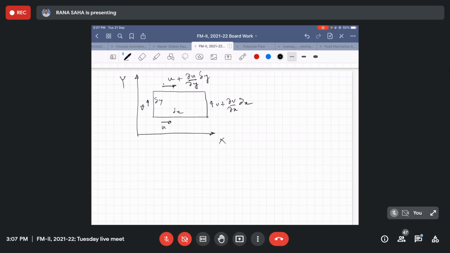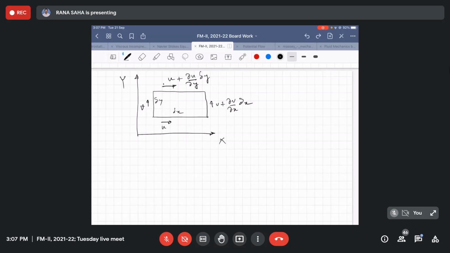So then if you do the treatment to find out the circulation, these are the tangential components you can consider, and the lengths are delta x and delta y. You have to take a sign convention here also. Circulation means whether you are going to express it in this manner or in this manner, so you have to choose between these two.